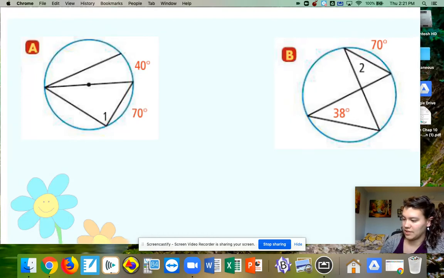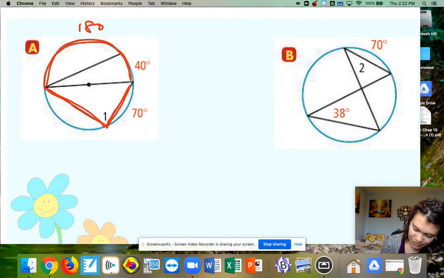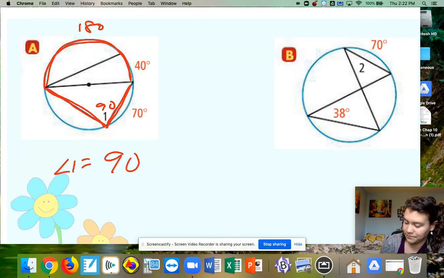So how can we use that? On this, we want to figure out what is angle 1. So draw out here, we get a line right there, a line right there. Here's our half circle. We're looking at this arc, which has to be a semicircle, which makes this 90 degrees. So angle 1 equals 90.